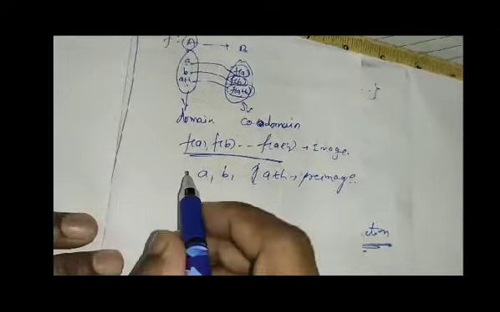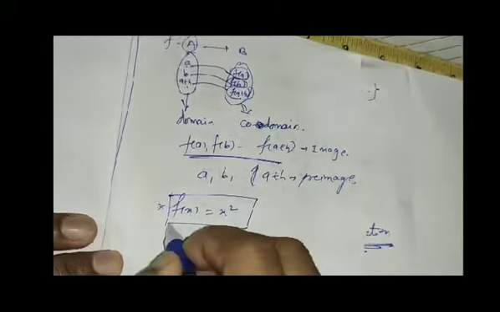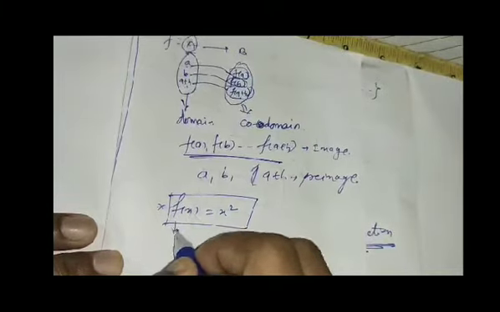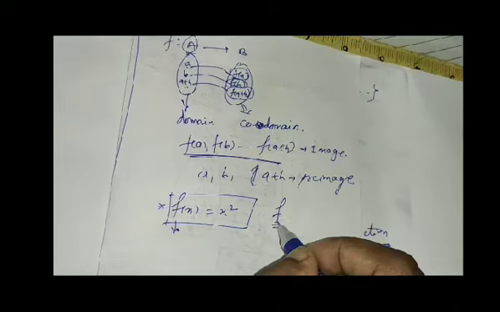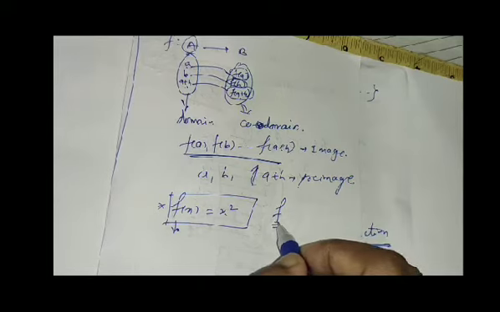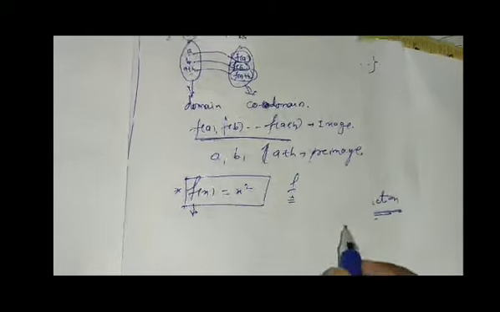And a first class example is f of x is equal to x square. Actually, what is a function? We indicate it by f. And what is a function? A function is a rule by which we can associate an element of set A to an element of set B. I suggest that you yourself try to find some functions.